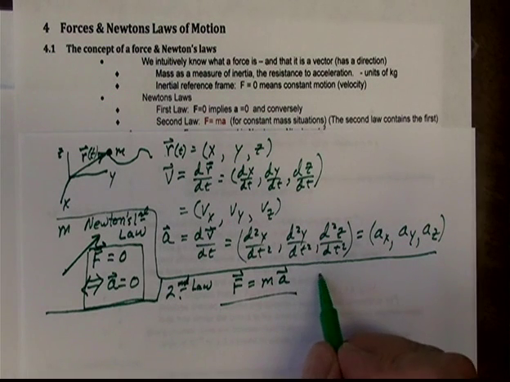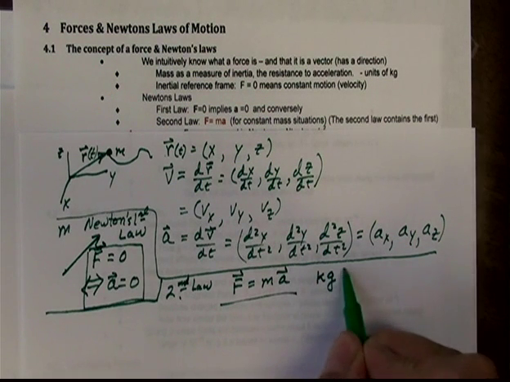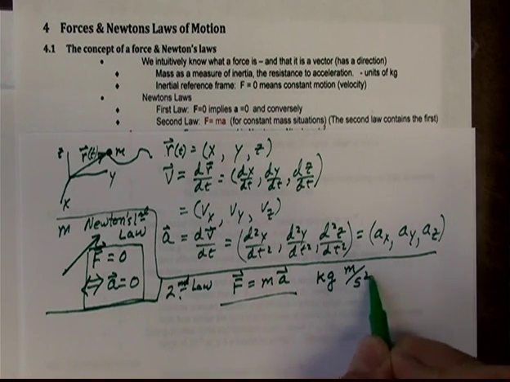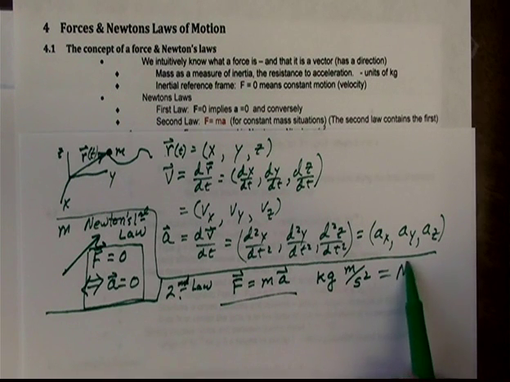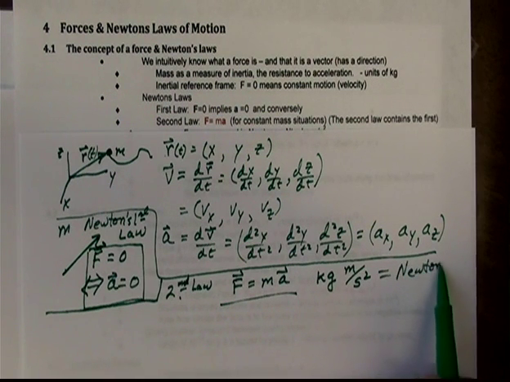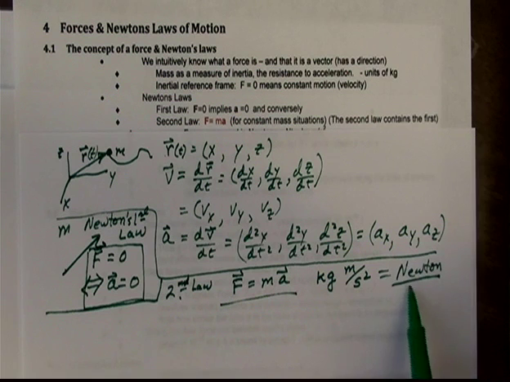And you'll notice that the units here are going to be kilograms meters per second squared. And we have a new unit. Rather than call it a kilogram meter per second squared all the time when we talk about a force, we give this the name of a Newton. So we say a Newton of force, in honor of Sir Isaac Newton, who came up with this law.